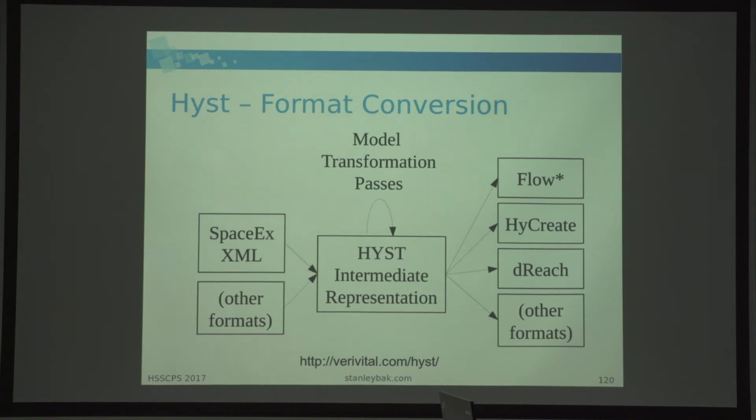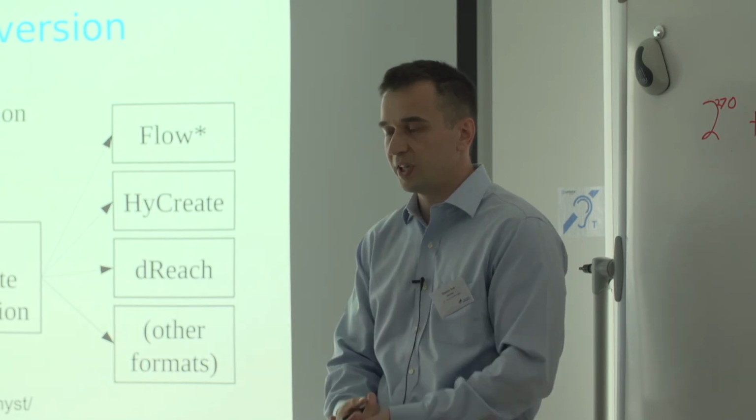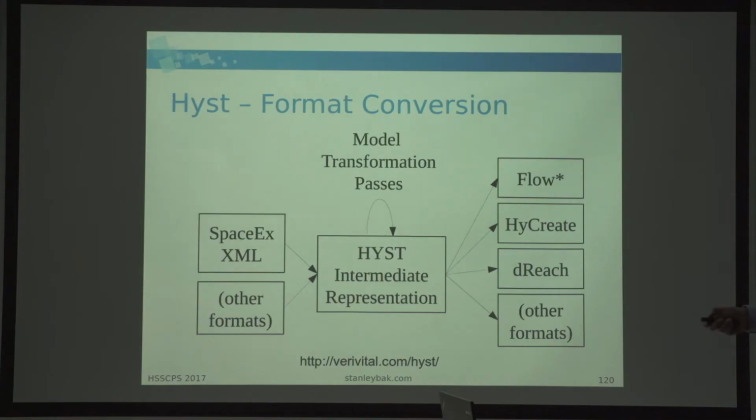What that'll do is it'll turn your nonlinear system into a linear system with inputs, where the inputs bound the error between the linear system and the nonlinear system within a certain domain. So then you have a series of domains where you have these piecewise linear systems with inputs. And now if you do reachability on your linear system, you can guarantee that that contains all the behaviors of the nonlinear system. So that's neat. There's over-approximation error, but this is implemented in HIST, along with a lot of other neat transformations.